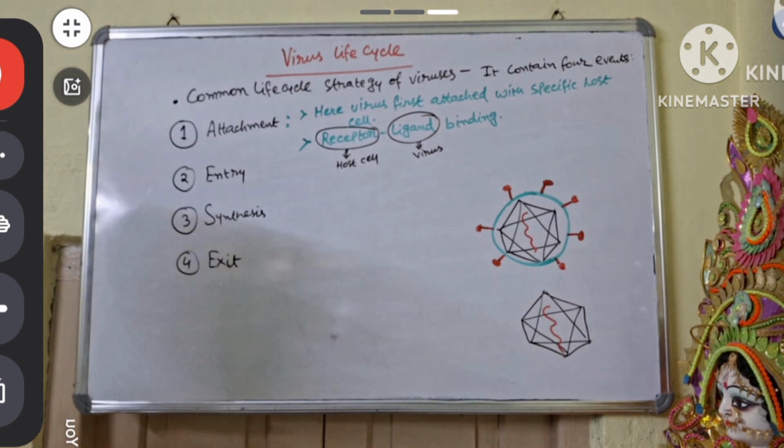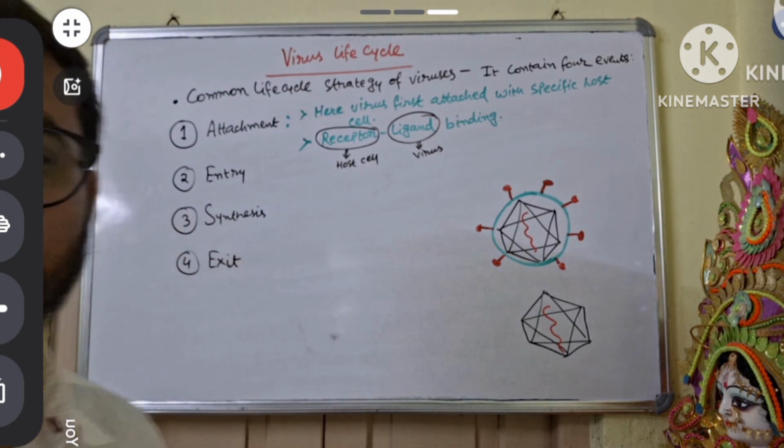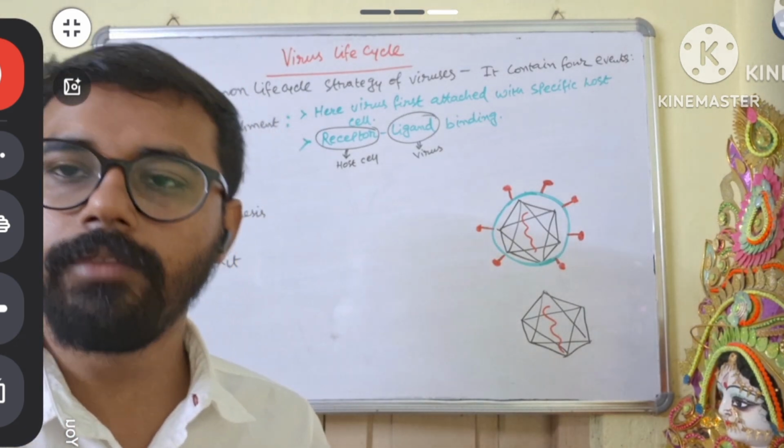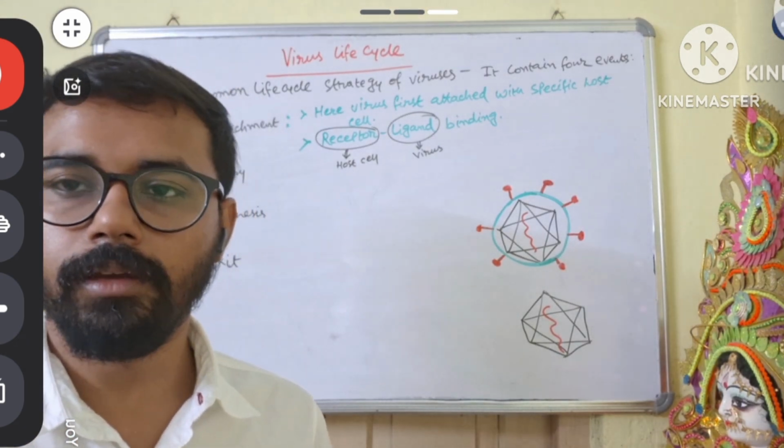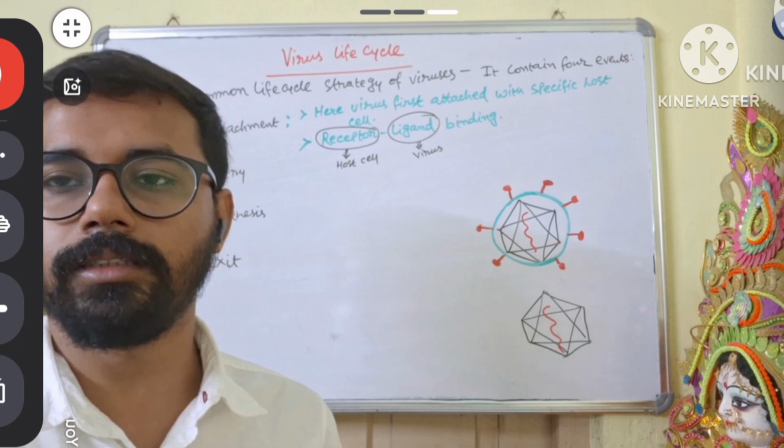One cell may contain that receptor and another cell may not, or may have a different type, and that is recognized by the viruses.